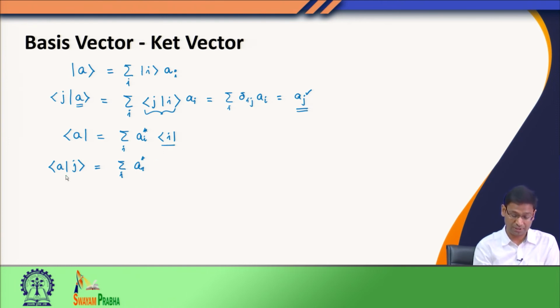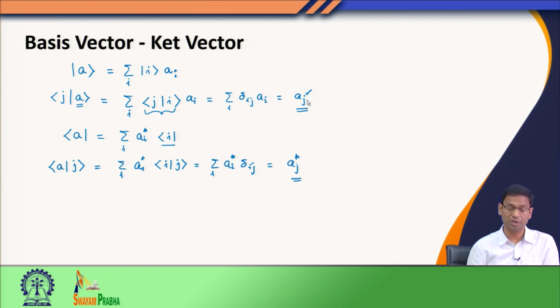When I multiply by |j> from the left hand side, again I have a summation over many terms, but only one term will survive, that is when i equals j, and that will be a_j star. So, this expression gives me a_j, and writing it in this way gives me the complex conjugate of it.